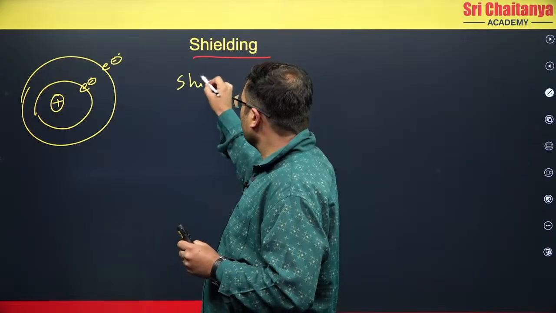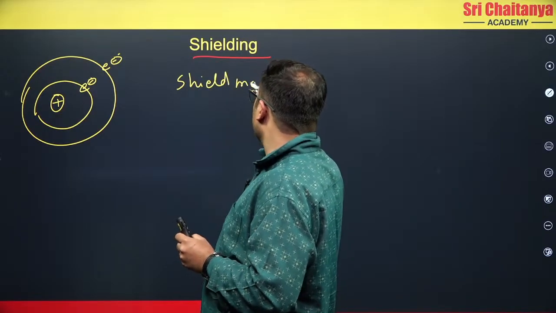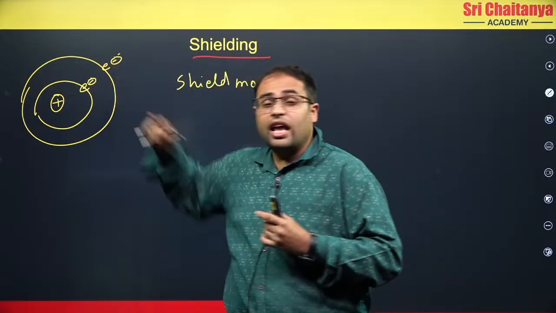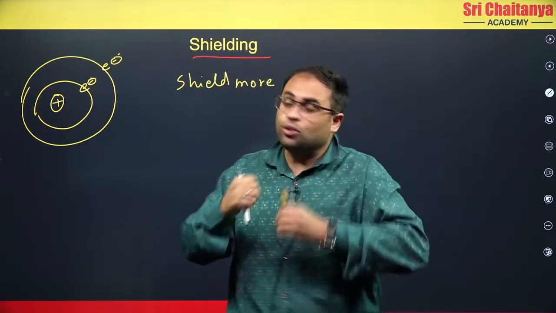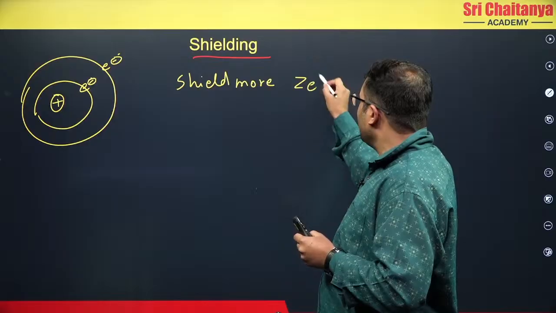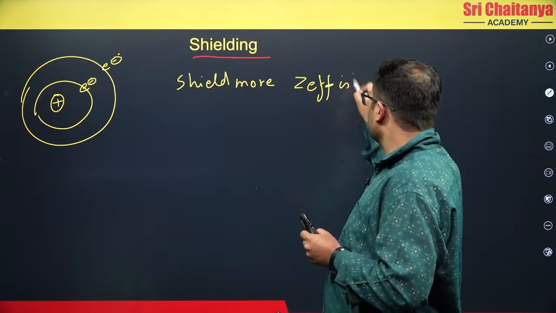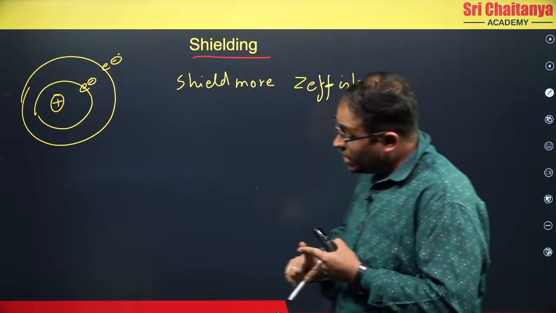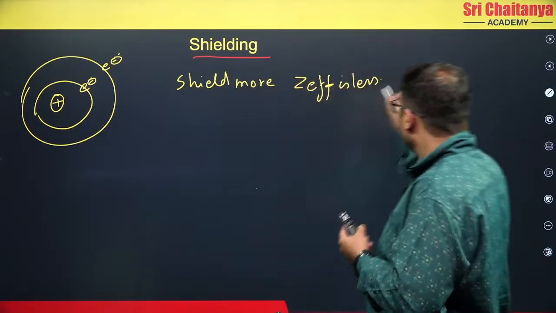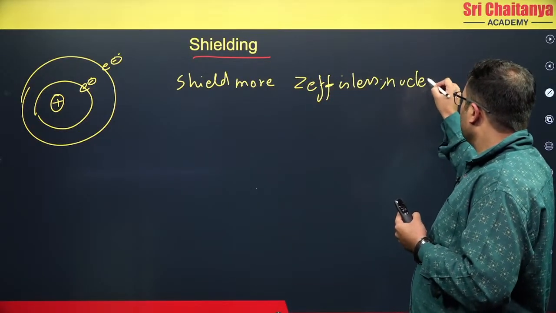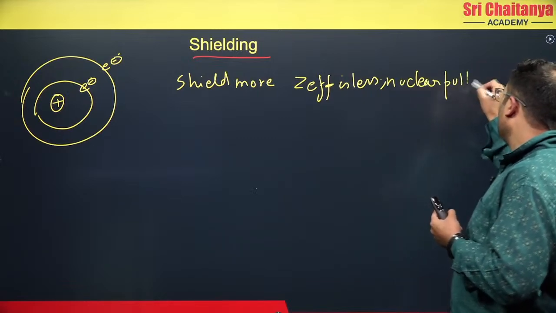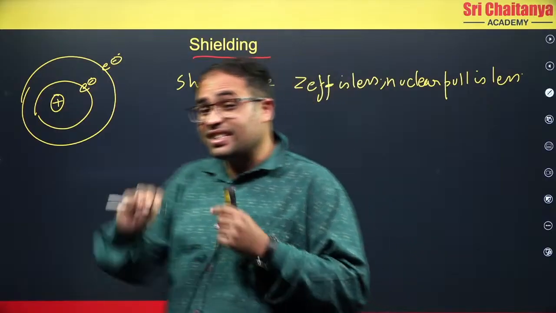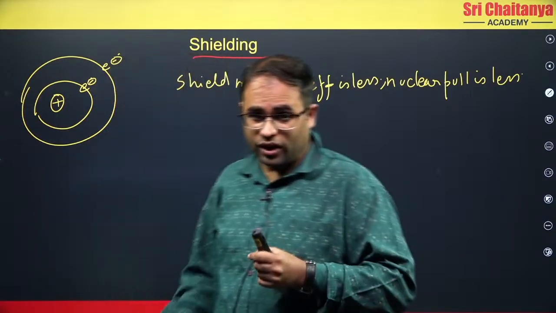Understand that if shielding is more, then this outer electron will feel less nuclear charge. So I can say that Z effective is less if shielding is more. If nuclear pull is less, then it is easier for you to remove the electron, right?